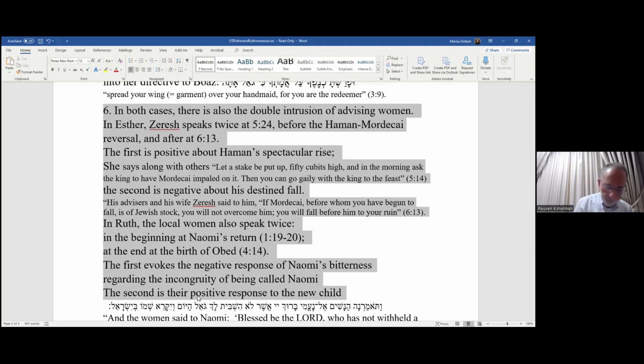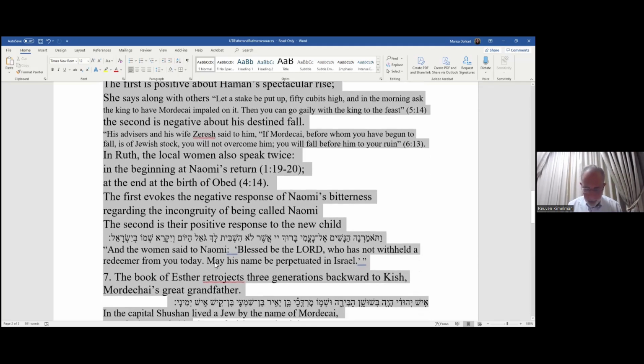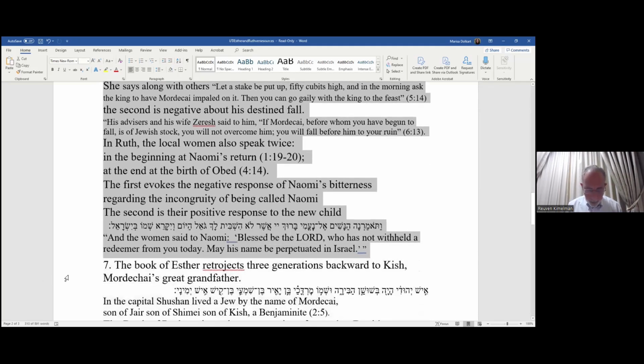Now look at Ruth. Also, the local women speak twice. In the beginning, at Naomi's return, and at the end, at Obed's birth. The first is negative regarding Naomi's bitterness, and the incongruity of being called Naomi, that is pleasantness. The second is positive regarding the newborn child. "Vatomar hanashim el Naomi, Baruch Adonai asher lo ishbit lach goel hayom v'yikarei shmo b'Yisrael."